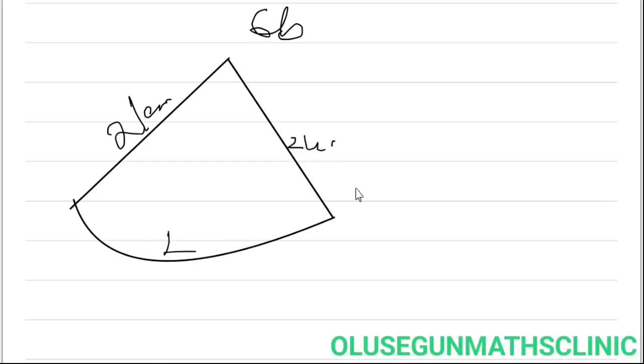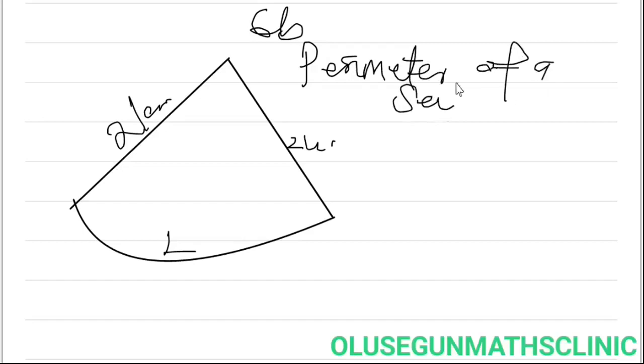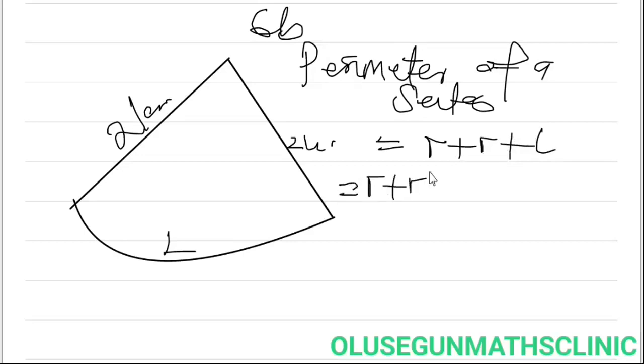So, to get the perimeter of a sector is equal to 2r plus the length of the arc, because you add all the sides together, which is 2r plus theta over 360 times 2 pi r.